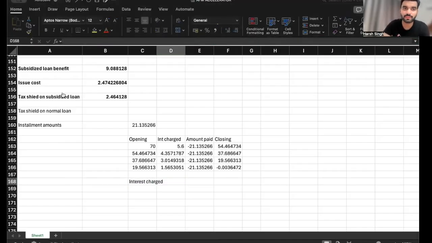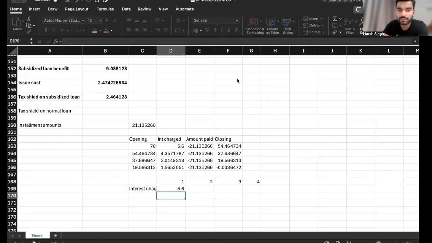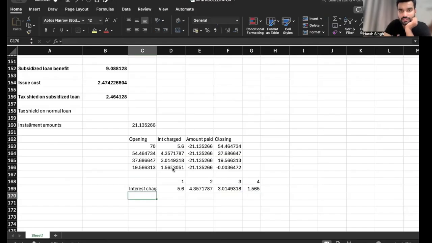Because the interest will be charged different amount on a different year. Here 1, 2, 3, and 4. Year 1, how much are we charging? 5.6. Year 2 we are charging 4.3. Then we are charging 3.01. Then we are charging 1.565. This is the interest that we are charging. Okay.